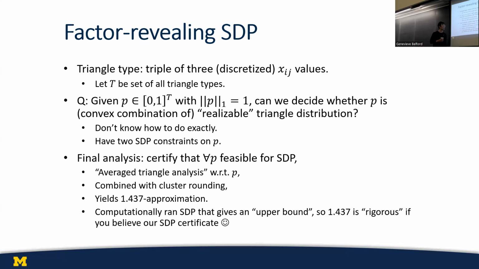If you combine it with the cluster rounding, it yields a 1.437 approximation. So that's how we got it. The good thing is that our SDP is supposed to give an upper bound. So if you believe our primal solution is correct, then I think it's a fine mathematical proof.